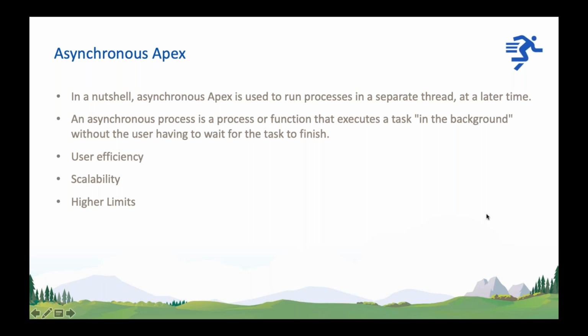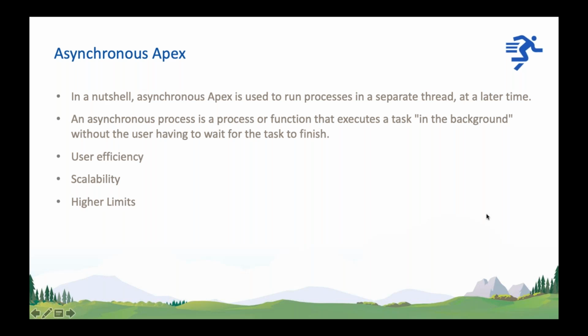An asynchronous process is a process or function that executes a task in the background without the user having to wait for the task to finish. The user doesn't need to wait, so user efficiency will improve. Scalability: what is scalability? See, I want to insert accounts.